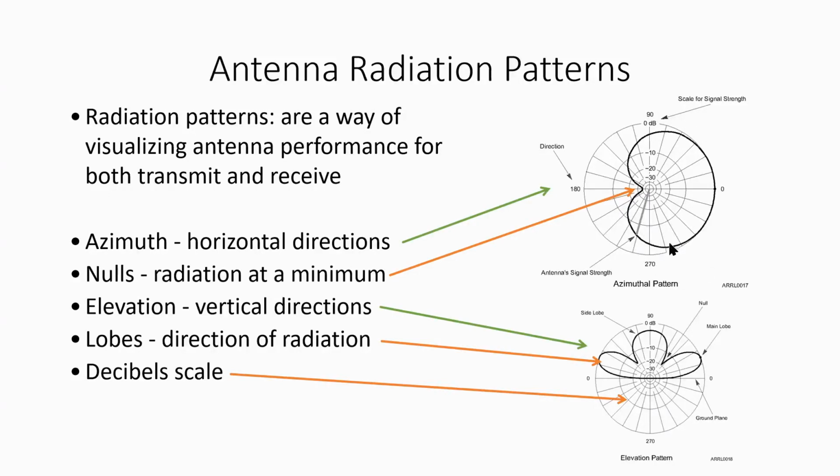What you can see here is that you have a major lobe over here, and you have a null back here. The difference in these circles indicates the number of decibels difference between the lobe, the peak lobe, and the null. And that's how much forward gain you have.